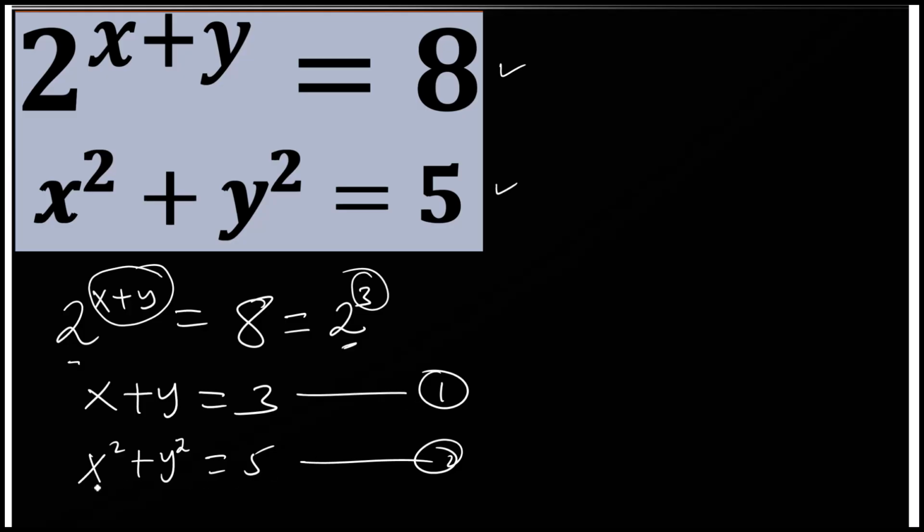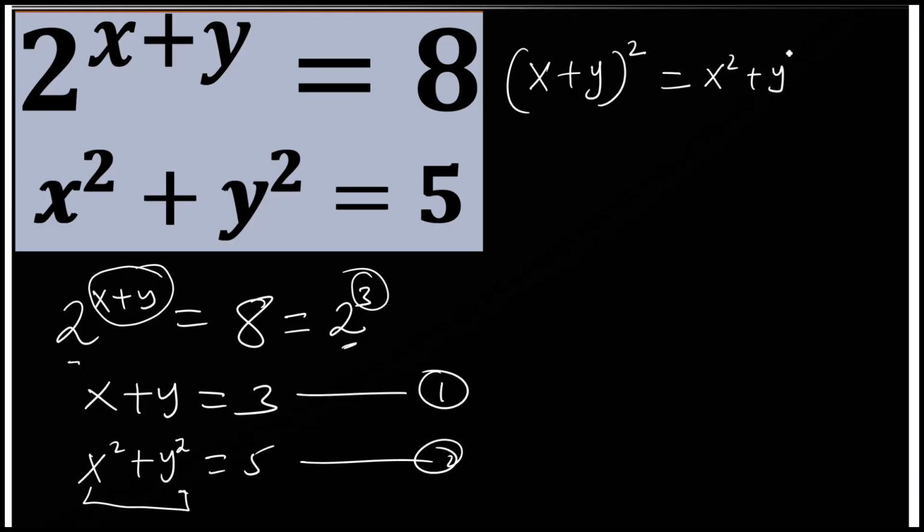Alright, now the only problem here is the x squared plus y squared, but anytime you have x plus y all squared, it is the same as x squared plus y squared plus 2xy.